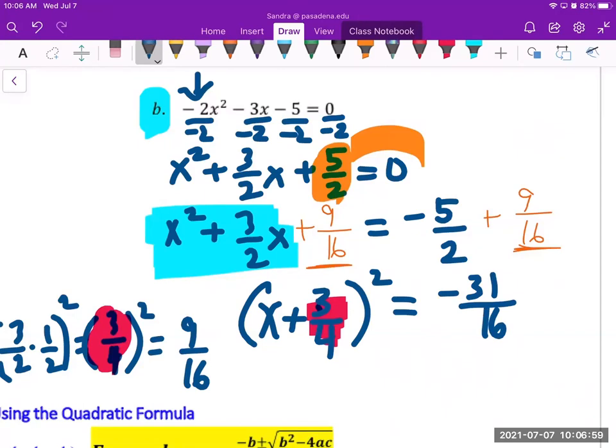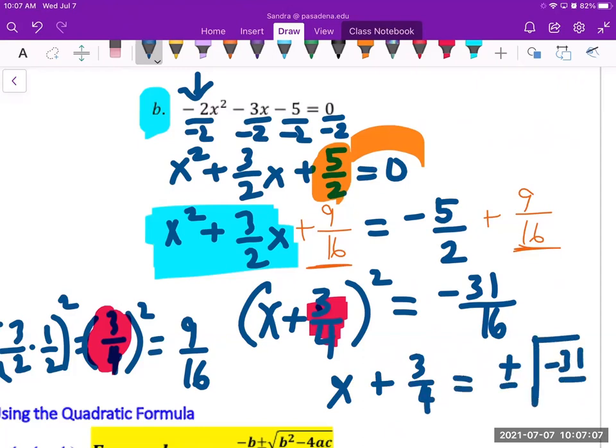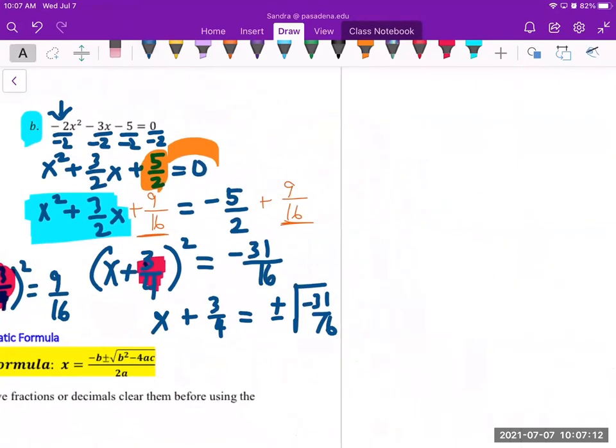I'm going to take the square root on both sides. x plus 3/4 is equal to plus or minus the square root of negative 31/16. Then I am going to subtract this part right here.